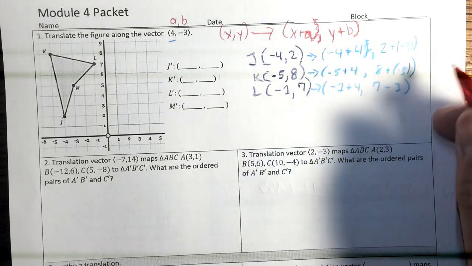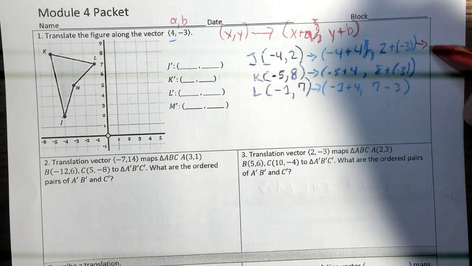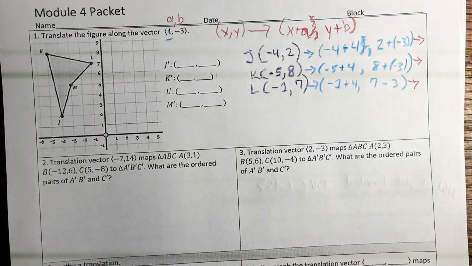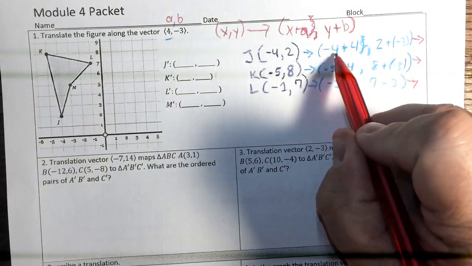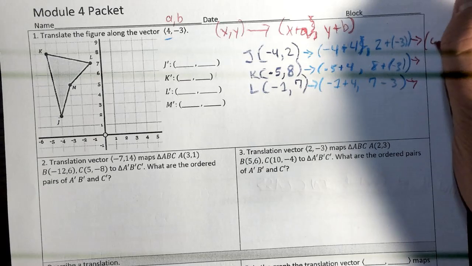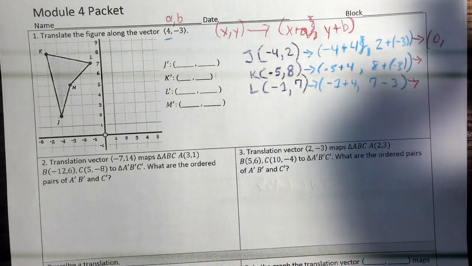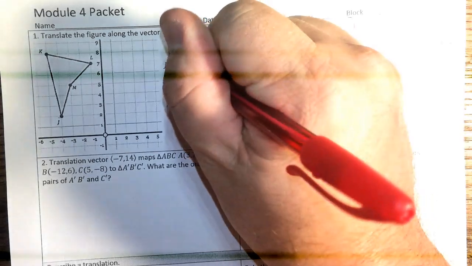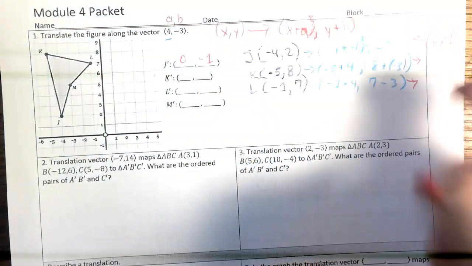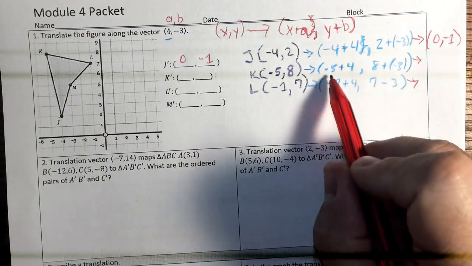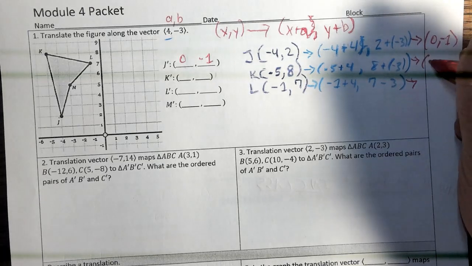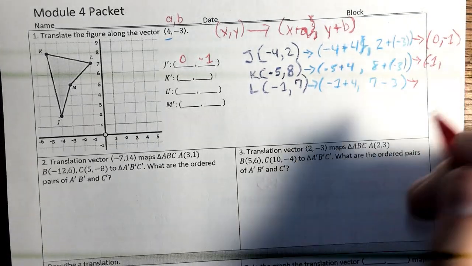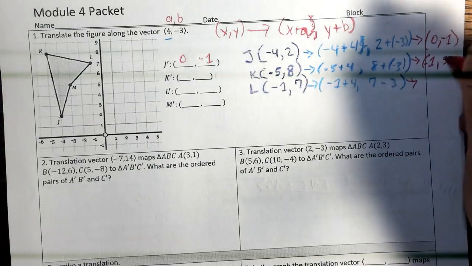I'm going to do the math. I'm going to have to put the answer here. -4 plus 4, that's a big fat 0. 2 minus 3 is -1. So we're going to go (0, -1). -5 plus 4, that is -1, good catch. 8 minus 3 is 5.